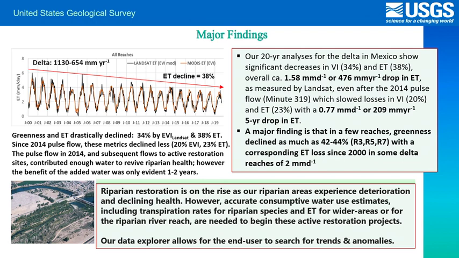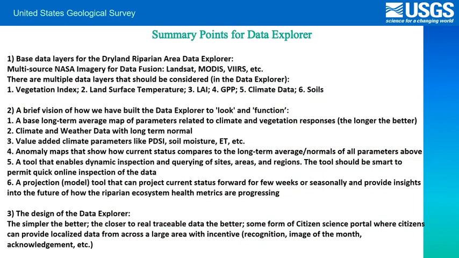But accurate consumptive water use estimates, including transpiration rates for these riparian species and ET for the wider area, are needed to begin the active restoration projects. So we need to know what vegetation, what their rate of transpiration is, and what the water use is at the wider area. Our Data Explorer allows for the end user to search for trends and anomalies.